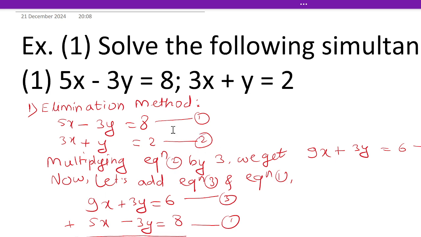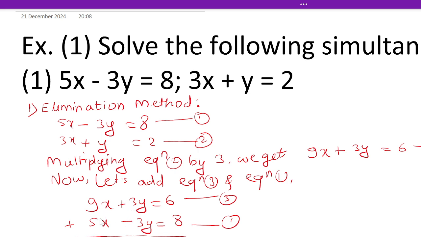The first equation gives us 5x minus 3y equals to 8, and the second equation gives us 9x plus 3y equals to 6. When we add these equations, we can clearly see that plus 3y is the coefficient of y in one equation and minus 3y in the other. So if I add, this plus and this minus will get cancelled.